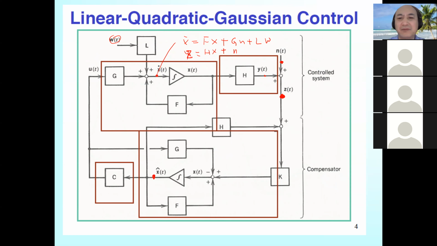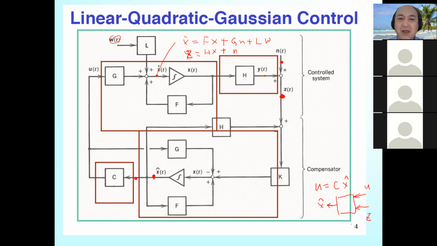If we get x hat, we apply a controller gain C times x hat to construct U. So U is C x hat, where x hat is the output of an observer structure, which takes your control signal and your Z signal.